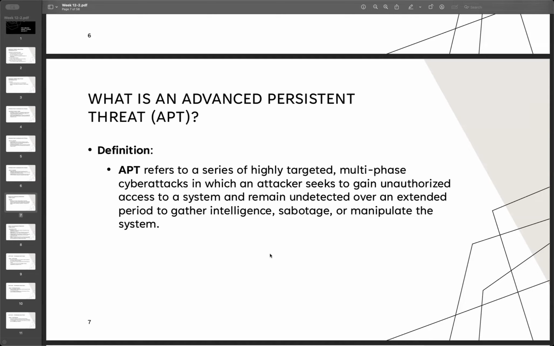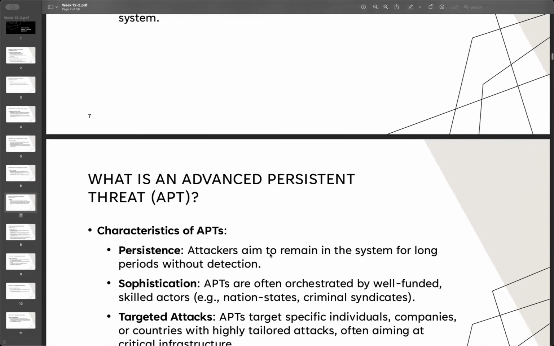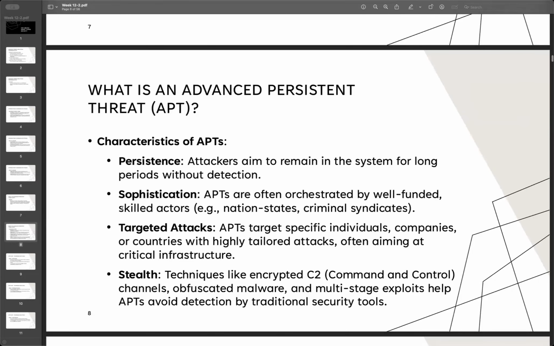So here's the idea. We call it the advanced persistent threat. Right here are some characteristics to explain the details about the APT.